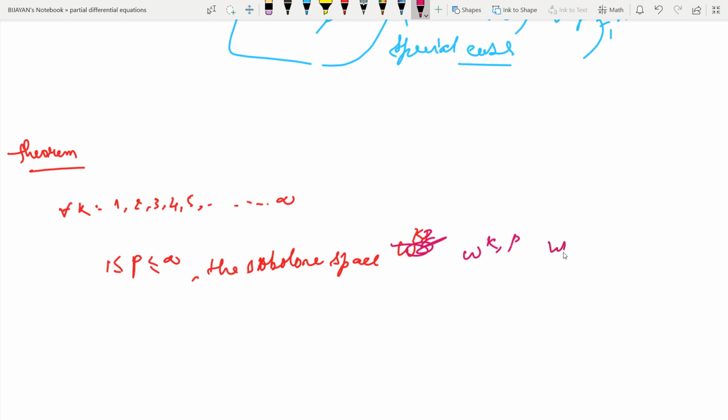Again, it's a Banach space. Let's recall what a Banach space is. It is a linear space, a complete normed space.